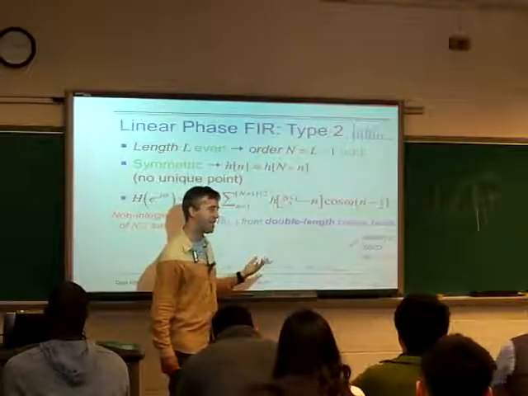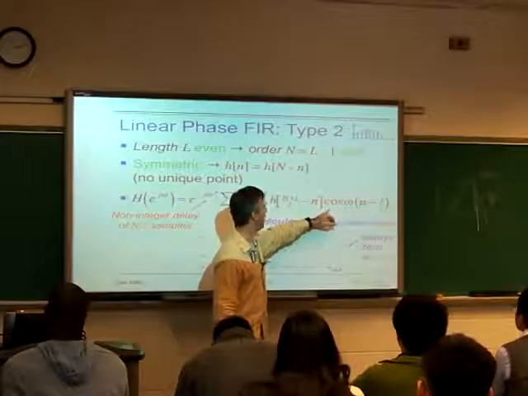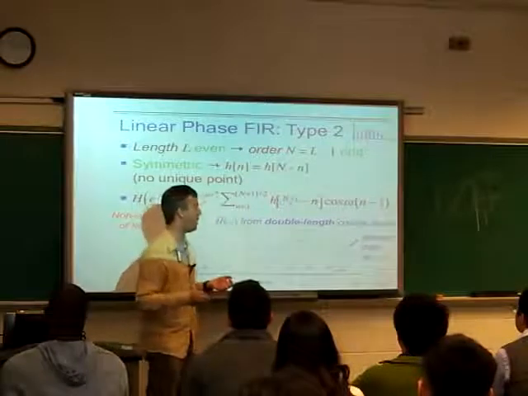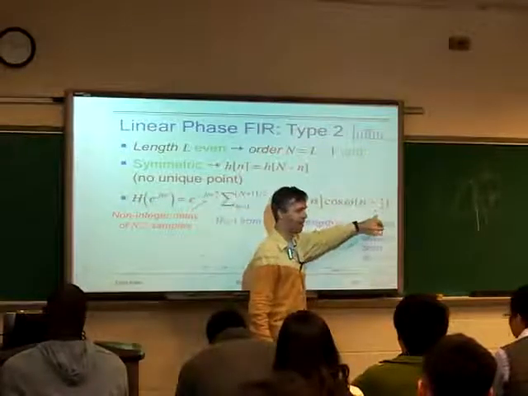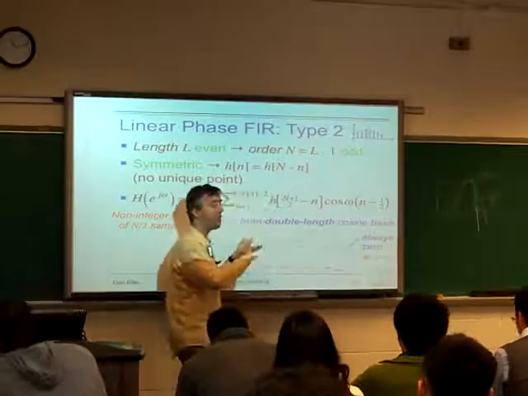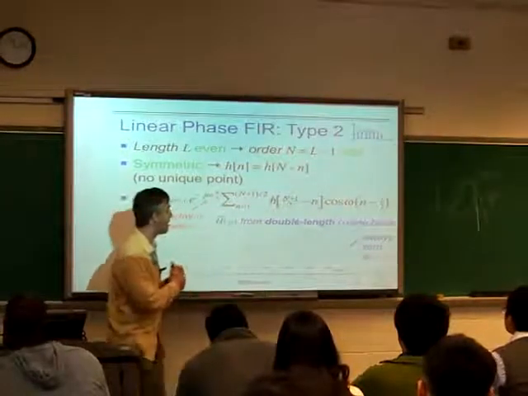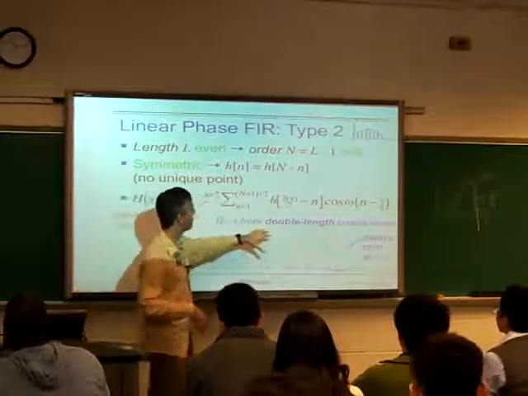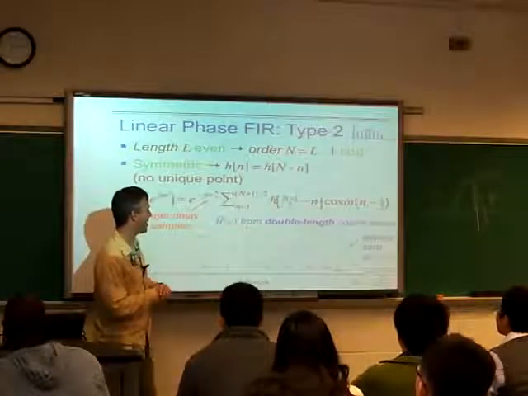And again, it's this thing we saw before that it seems like this magnitude response is periodic in 4 pi, not 2 pi, because it's omega times a half. But because of the sign flips, it actually ends up being periodic in 2 pi because it has to be, because it's a DTFT. But the real part is periodic in 4 pi. And the phase takes care of the rest.